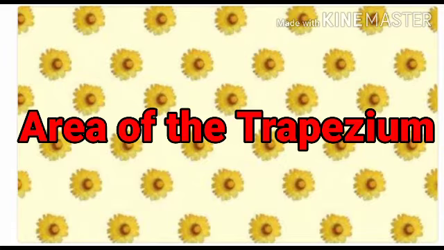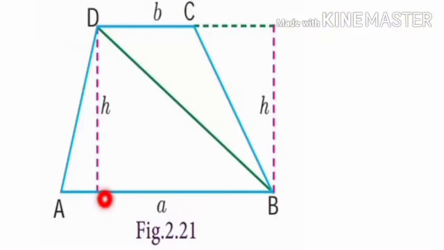Now let us see the area of the trapezium. ABCD is a trapezium with parallel sides AB and DC, measuring a units and b units respectively.